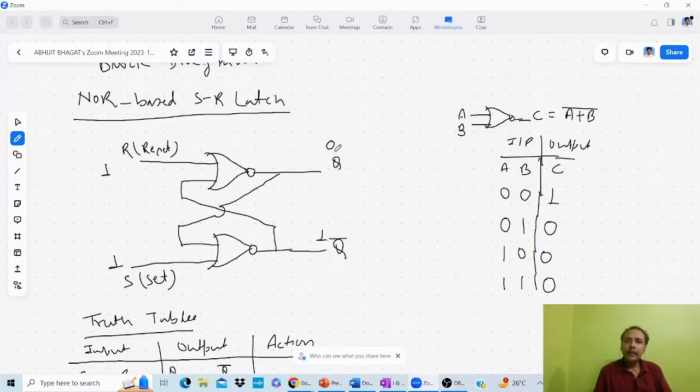If previous input is 0, Q is 0 and Q bar is 1, what happens in that case? So since Q is 0, this is 0, this is 0. So here 0 and 1 for this NOR gate, one is 0 and other is 1.